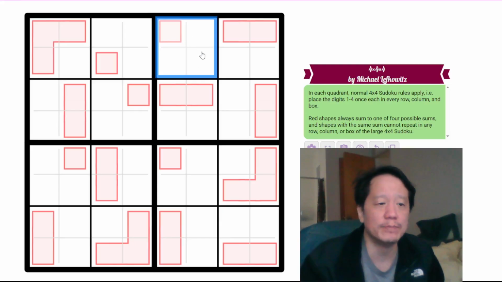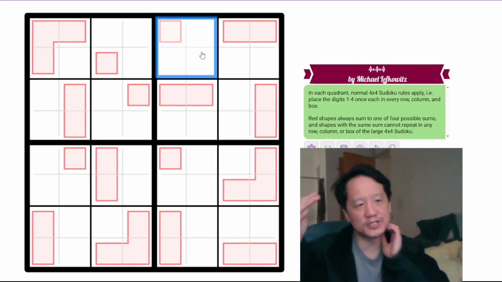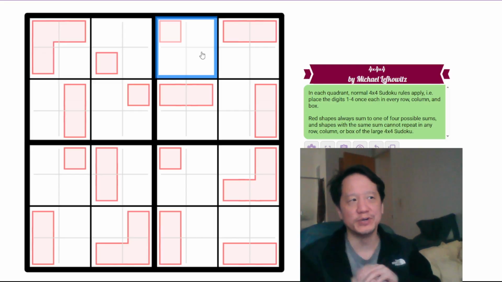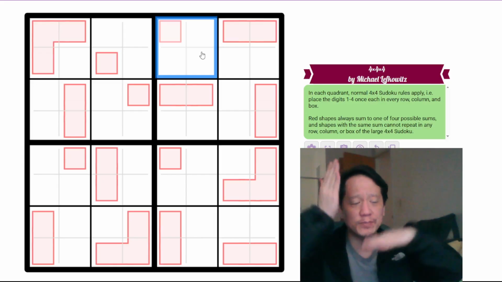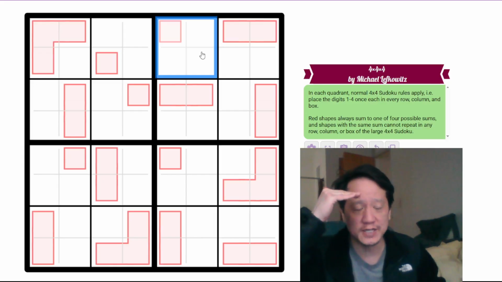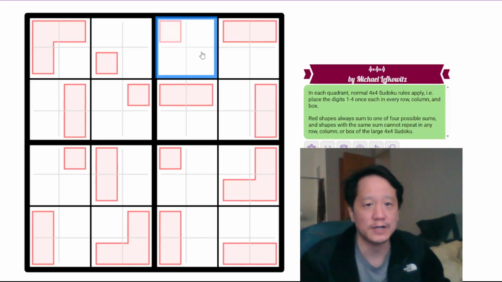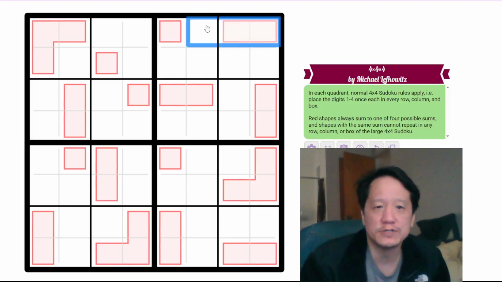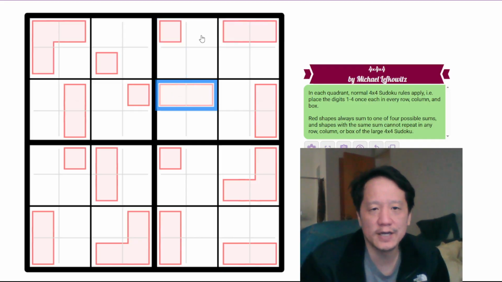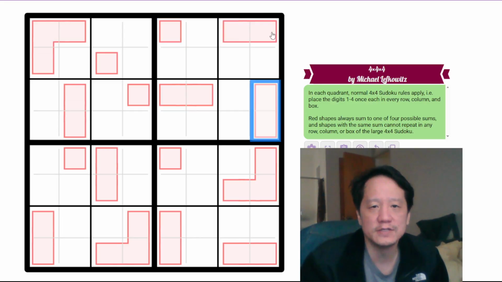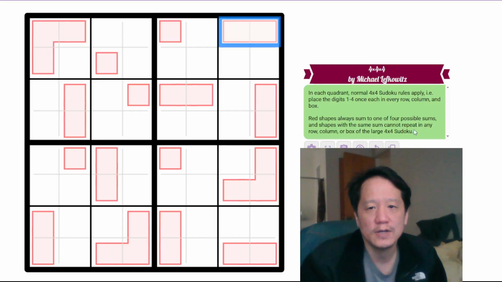And it's not Sudoku, but basically you cannot have repeats of those sums in any row, column, or bigger box, right? Quadrant, I guess, in their quadrant. They can't sum to the same sum as these cells. And I hope that was clear. And those are all the rules.